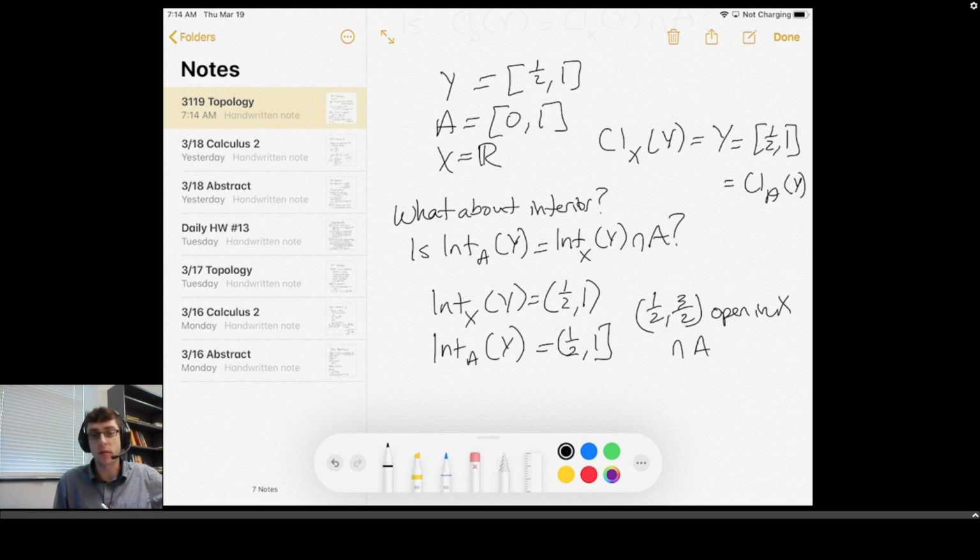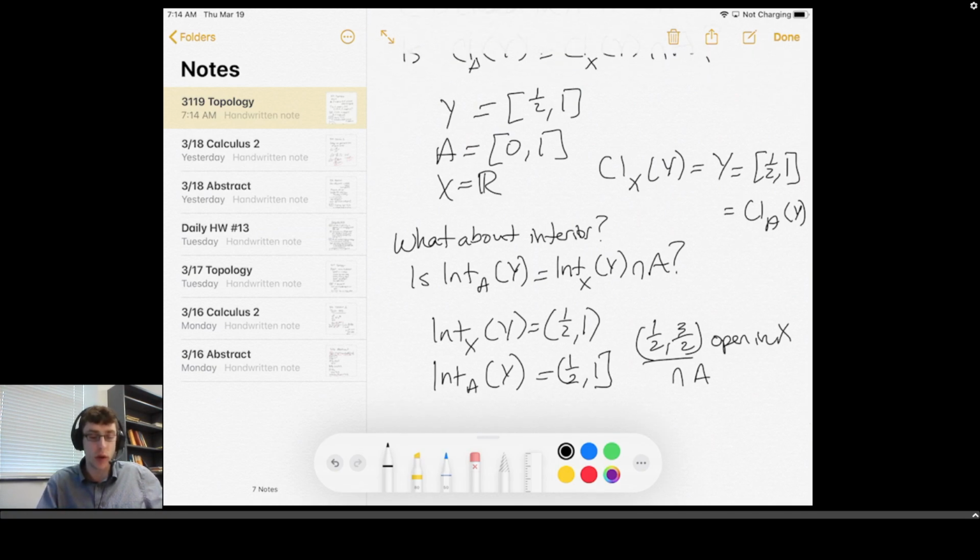This is the stuff we were doing last time, where we can suddenly include endpoints because you've restricted by intersecting with A. So you take some open set in X, and we can get 1/2, but include 1 suddenly. And so in this case, Y includes 1.